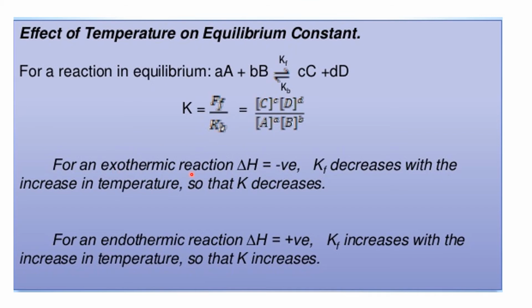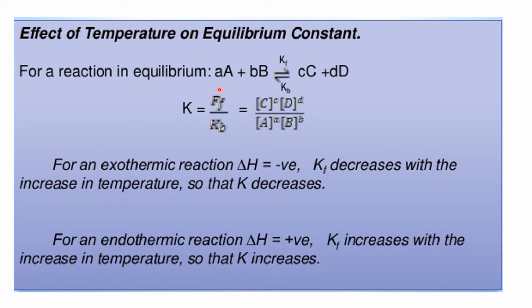For an exothermic reaction, delta H is negative. That means the rate constant of the forward reaction decreases with increase in temperature. Listen carefully. The rate constant of the forward reaction decreases with increase in temperature.